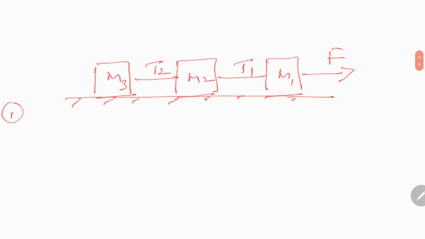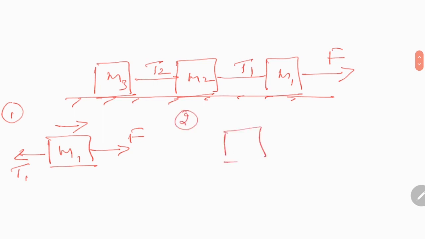The first one will be M1. So this is force F, this is T1, and this is acceleration forward. For the second body, how will the forces act? The second body is M2.